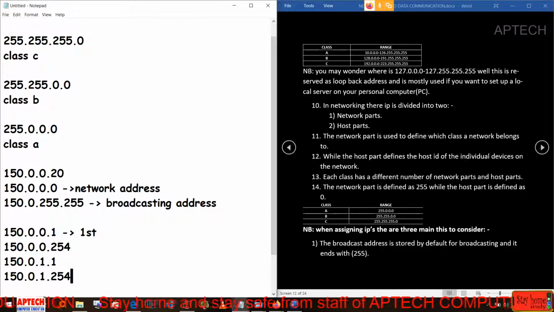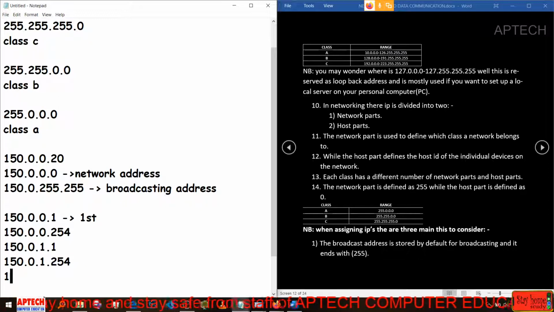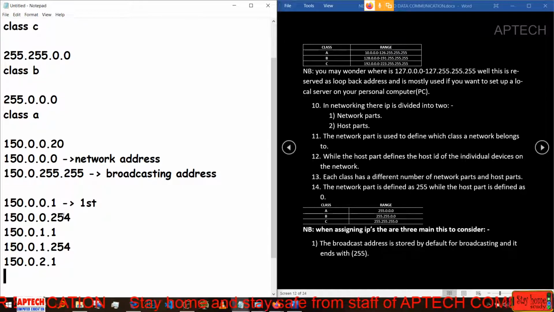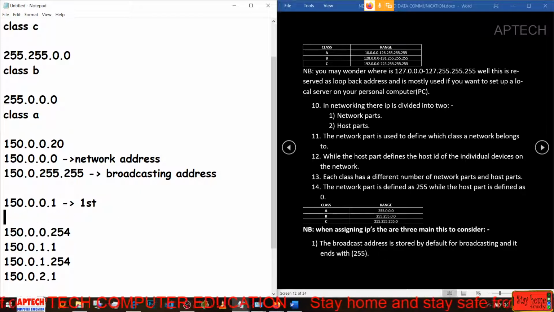followed by which one? .2.1. But you have to be aware that in the middle here, from 1 up to 254, those are all IPs in the middle there. I just don't want to write all of them at once because it will take us a long time.